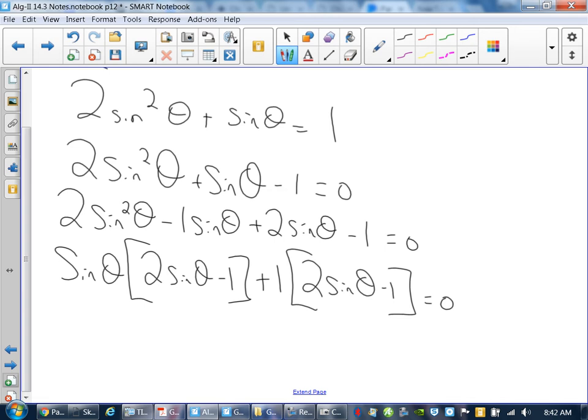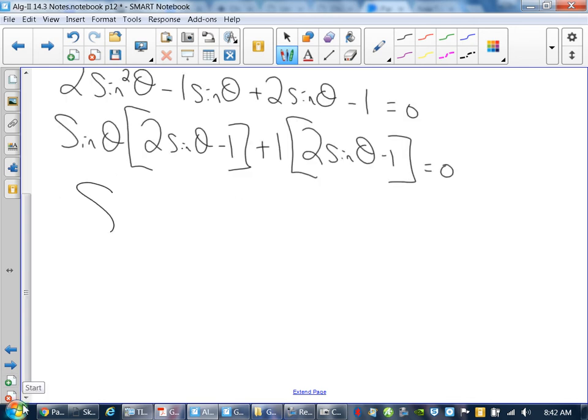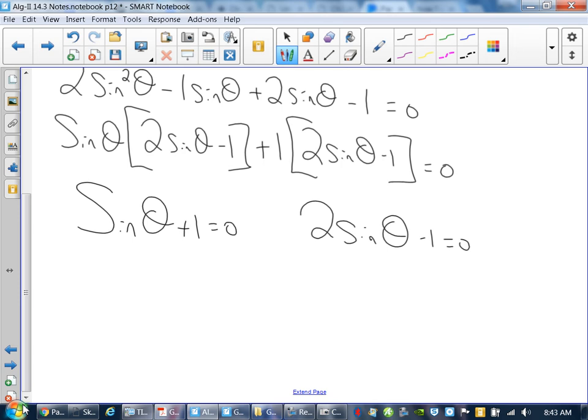Are the two things in parentheses the same? Again, that's a good sign. Every time I say two sine, I want to say two sine.